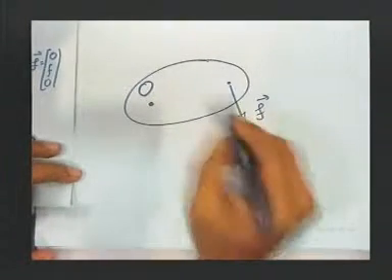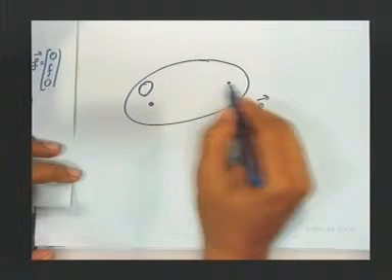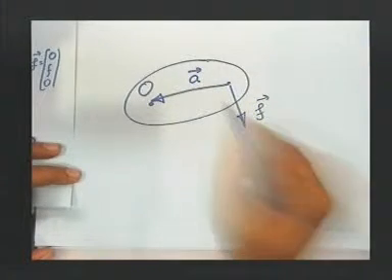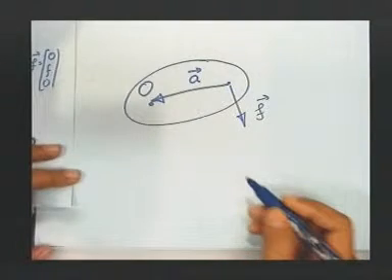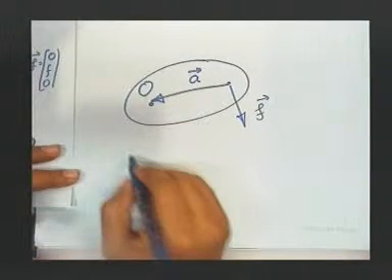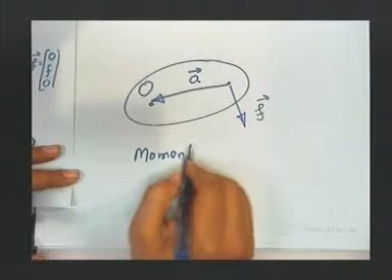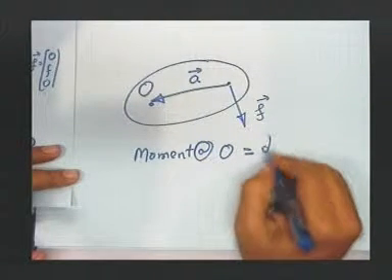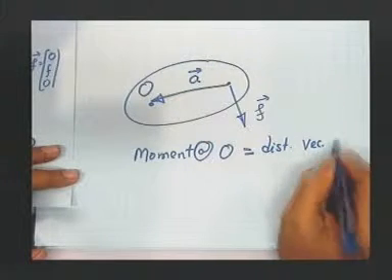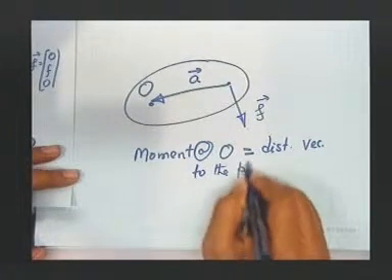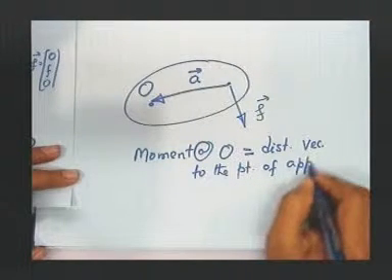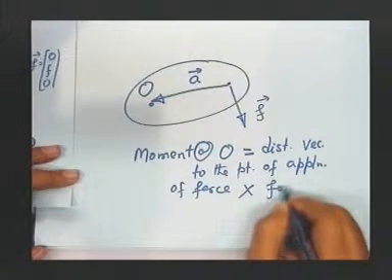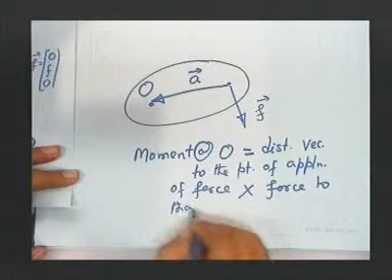Somebody told you that this vector is known. So, the way I have taught you, moment about O is equal to distance vector to the point of application of force cross force to that point.